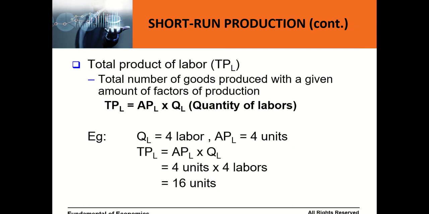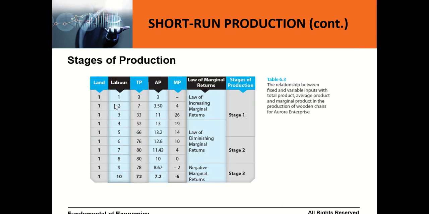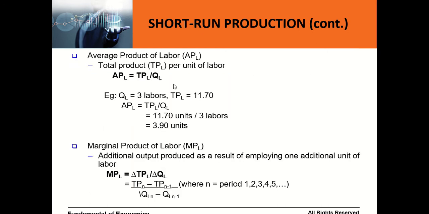Now as you have the TP here, you can start to calculate the AP and MP, given that you remember this formula. So what is the formula of AP? AP says that the average product of labor equals TP divided by Q. In the table just now, you already have this information, the TP.